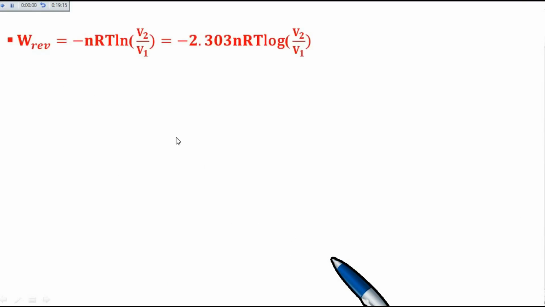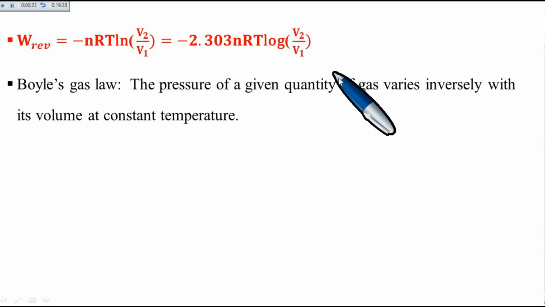So let's continue. Then we can change this ln to log by multiplying with 2.303. Then we get the work done in the reversible process equal to negative 2.303 nRT log V2 over V1.